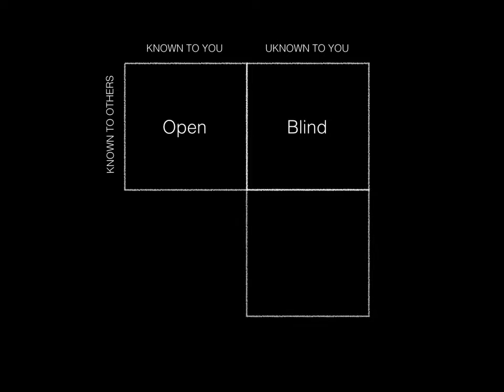All right, let's move down then to the lower right-hand pane. This is what is unknown to others and what is unknown to us, and so we call this the great unknown pane. In my previous life, I used to travel a lot. In fact, I accumulated enough miles to become a member of Delta's Million Mile Club.